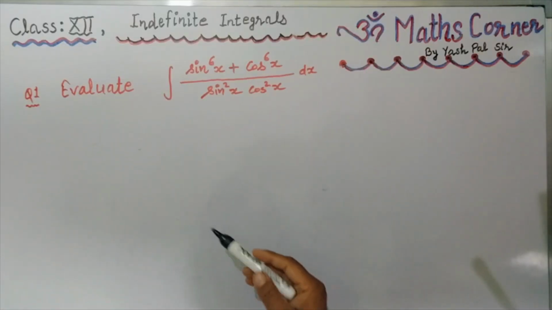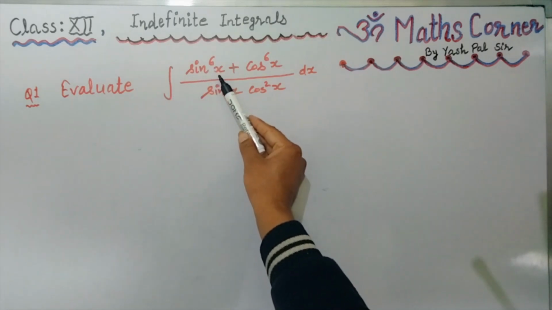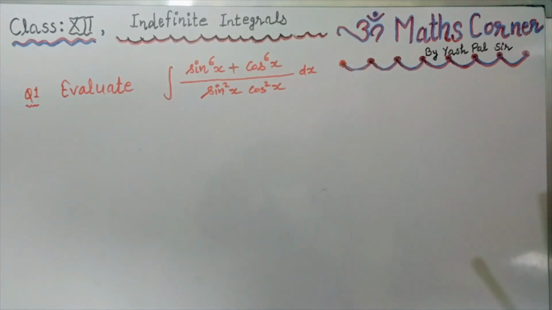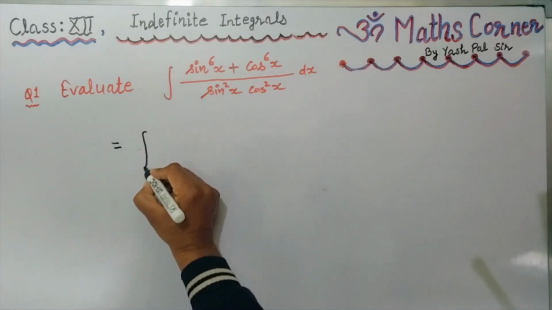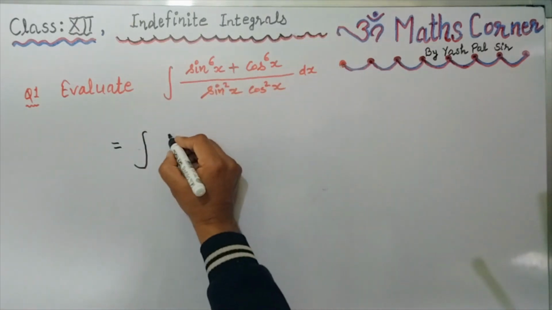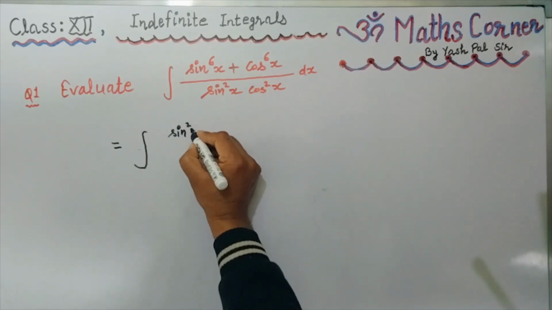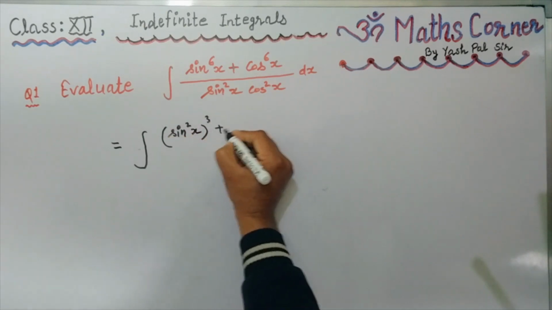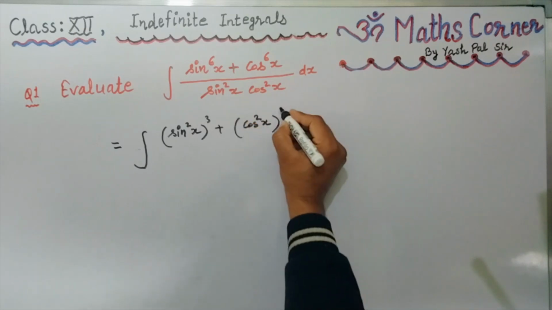Question number 1, evaluate the integration of (sin^6 x + cos^6 x) divided by sin^2 x cos^2 x dx. There is one trick. We convert the numerator as (sin^2 x)^3 plus (cos^2 x)^3.